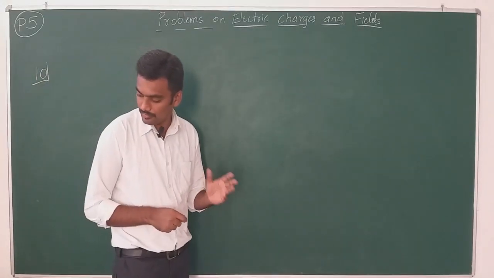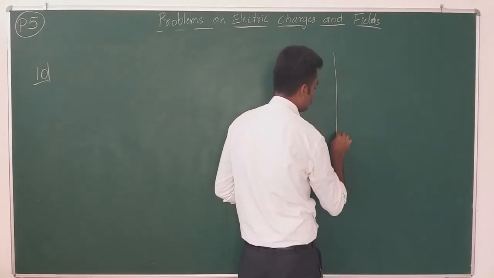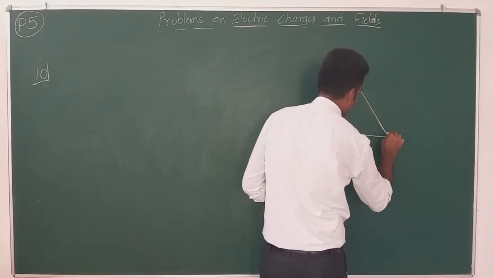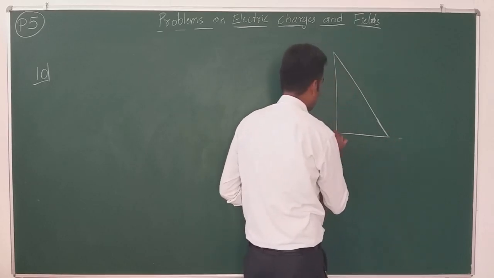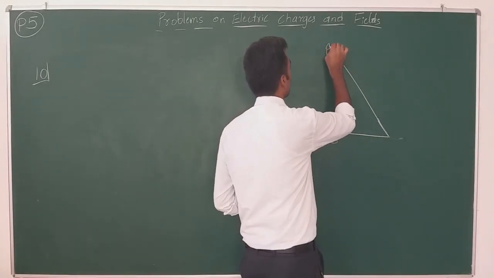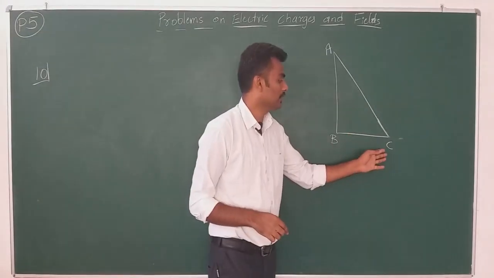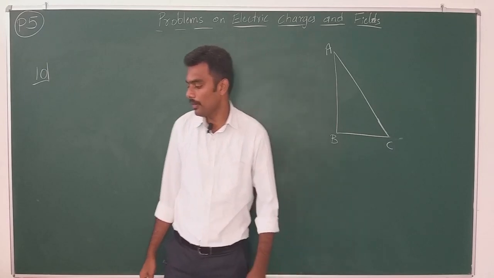So, we have a right angled triangle given with B as the right angle. Now, let me call this point A and this B. So, this is C. This is the right angle given.